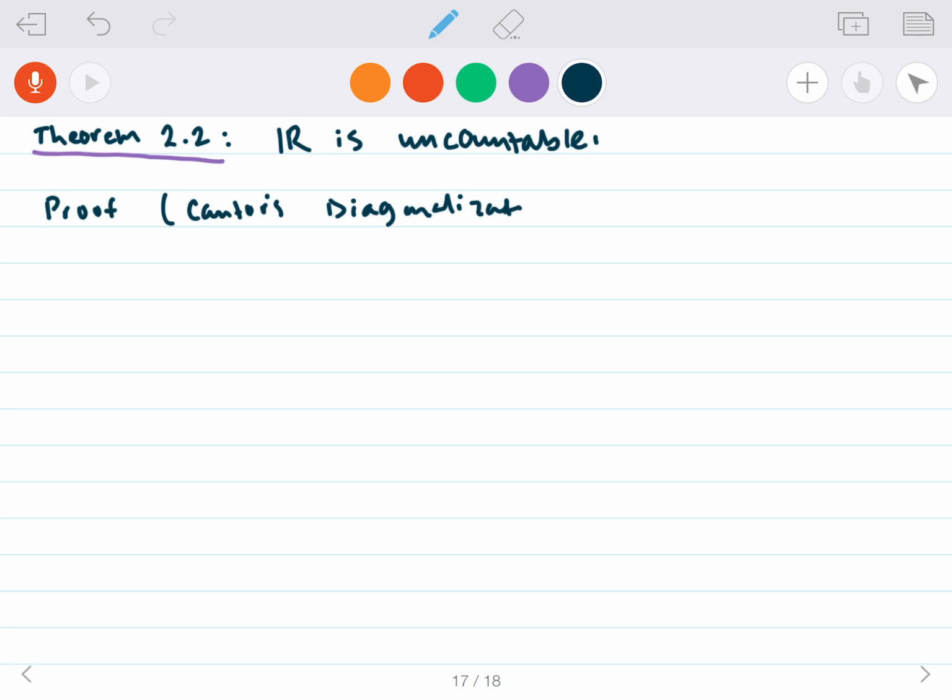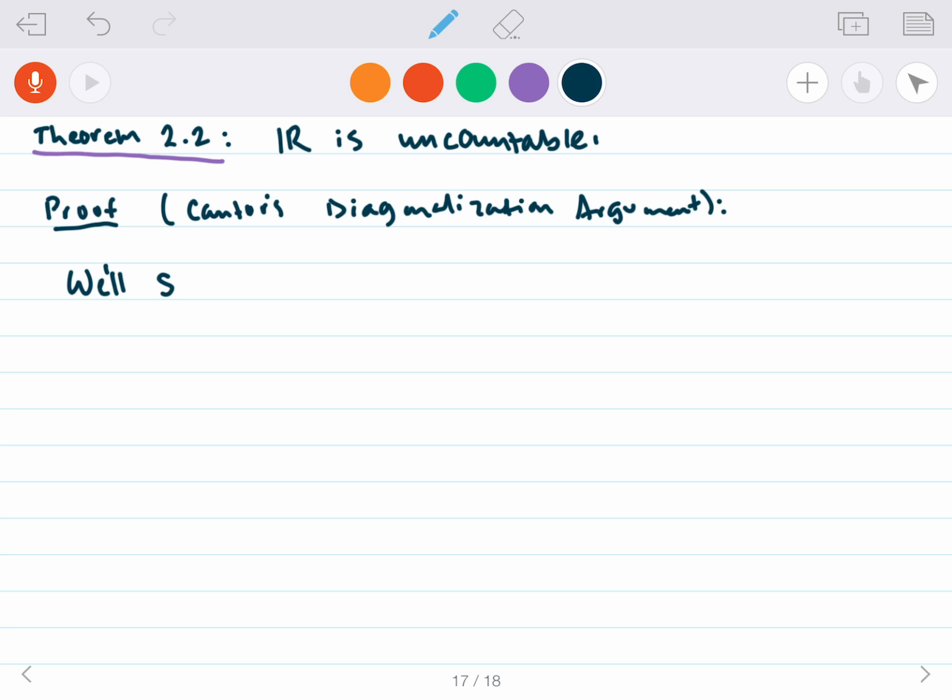diagonalization argument. Okay, so I mentioned at the beginning of the video that Georg Cantor thought a lot about infinity, and so he was the first one that people know who proved this. Okay, so here's what we're going to do.